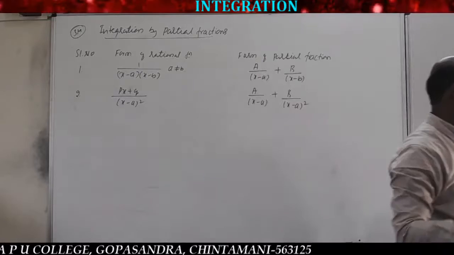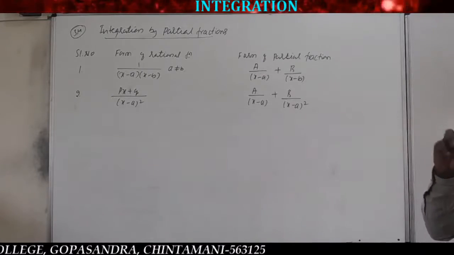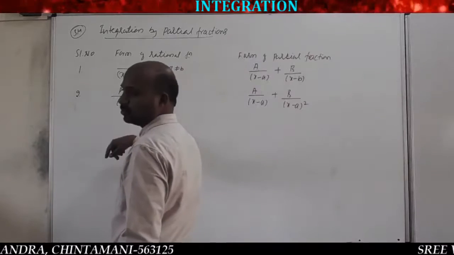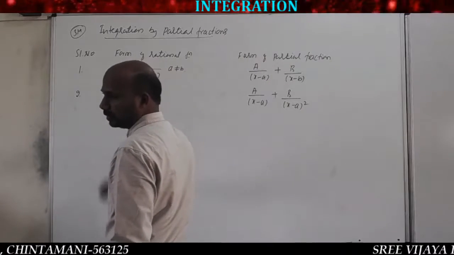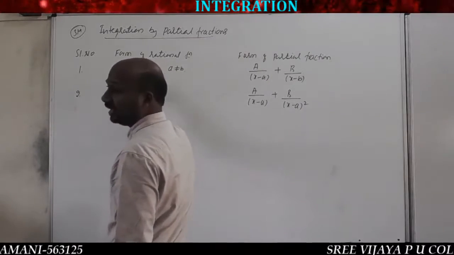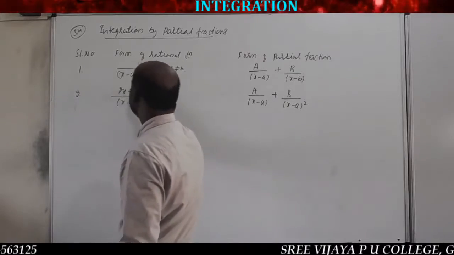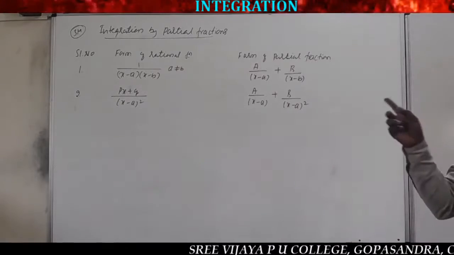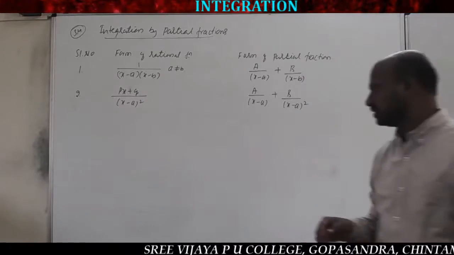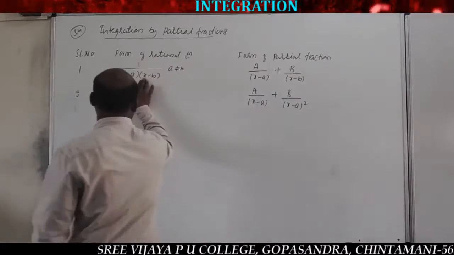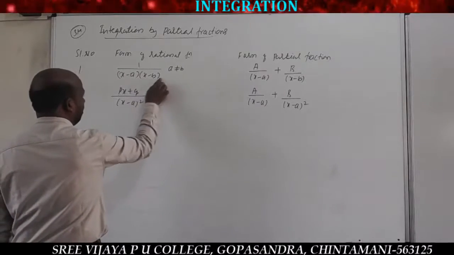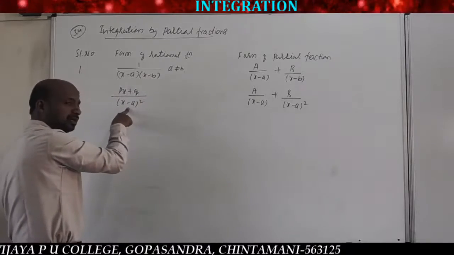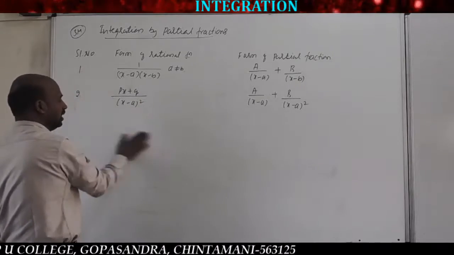So in the first case, the denominator has non-repeated linear factors: 1 upon x minus 1 into x minus 2, 1 upon x plus 1 into x plus 2, 1 upon x plus 1 into x minus 2, 1 upon x minus 1 into x plus 2, 1 upon x minus 3 into x plus 4. Functions look like this. Here the denominator contains non-repeated linear factors, but there the denominator contains repeated linear factors.